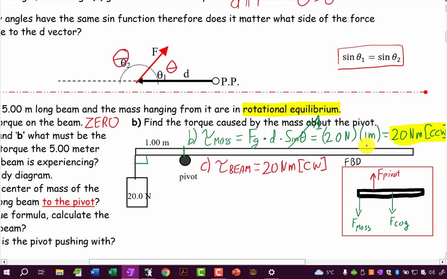All the forces are acting at different points, so it's definitely a non-concurrent system. And that force of center of gravity is the weight of the beam, but it's acting in the center, so I just call it Fcog.